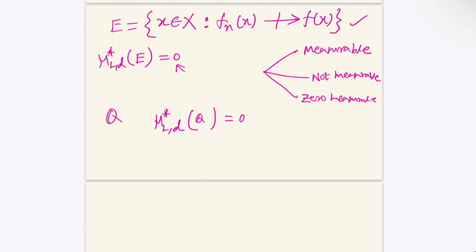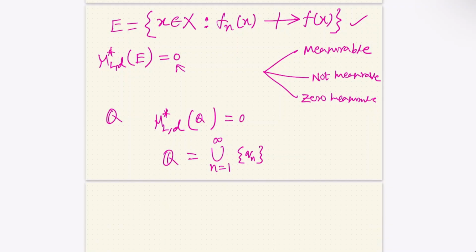Why can we say this? Simply, Q is the union over n equal to 1 to infinity of all the numbers as singleton sets.